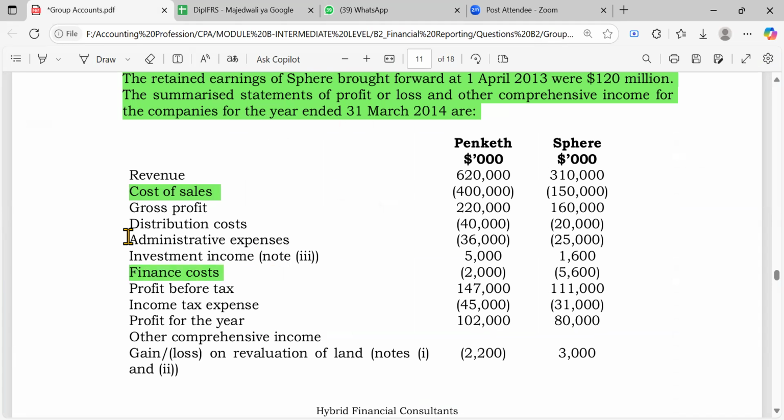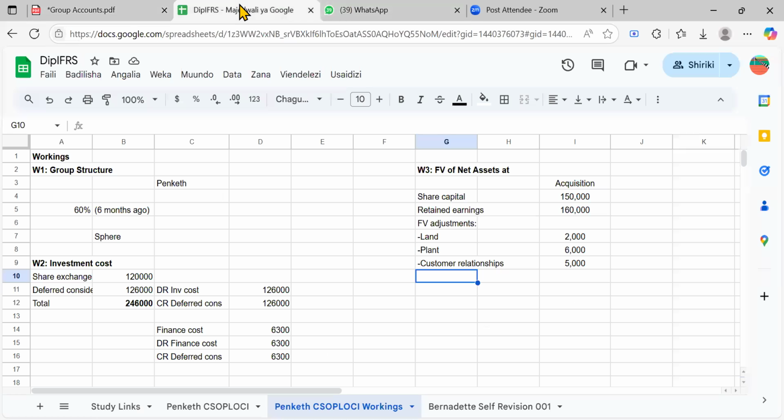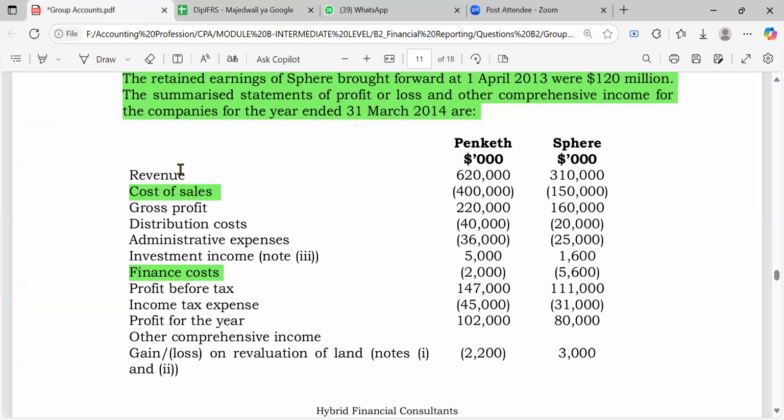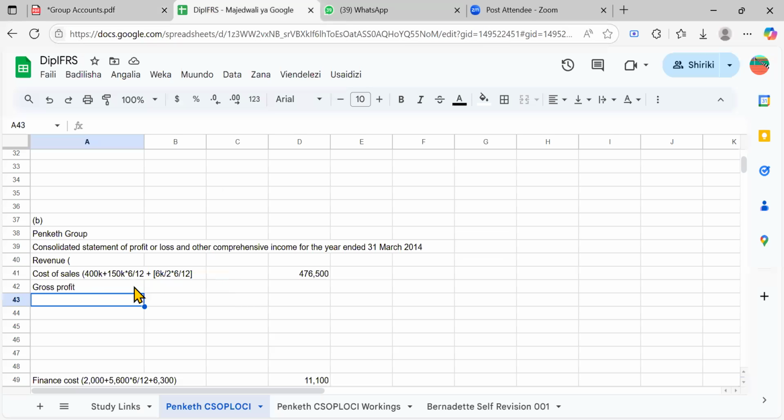We now need the admin expenses. If you're in the exam now, it's revenue and cost of sales already. So down it would be gross profit, right? And then down it would be distribution costs and then admin expenses, right?